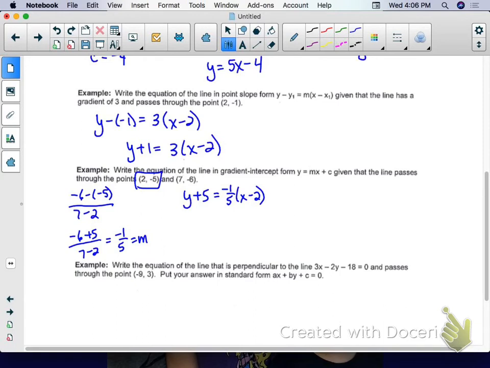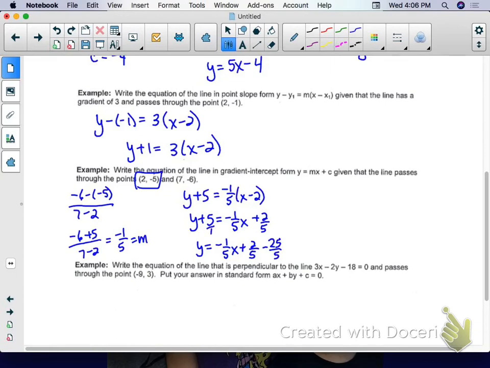If we're going to put it into y equals mx plus c form now, I need to distribute. So negative 1/5 x plus 2/5. When I subtract that 5, that's going to be negative 1/5 x plus 2/5 minus 25 over 5, because I have to get a common denominator. So think about the 5 being over 1.